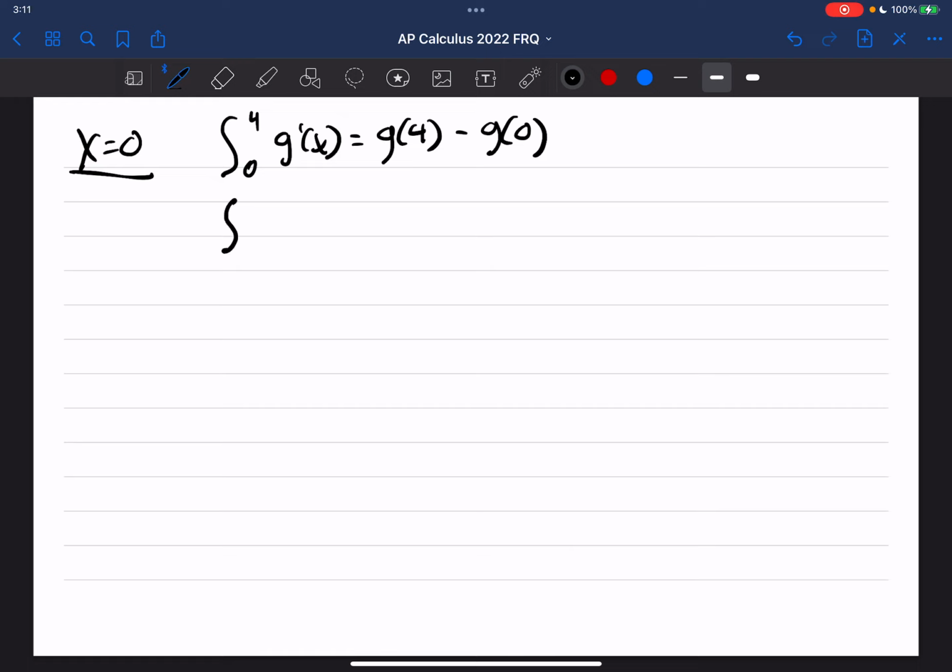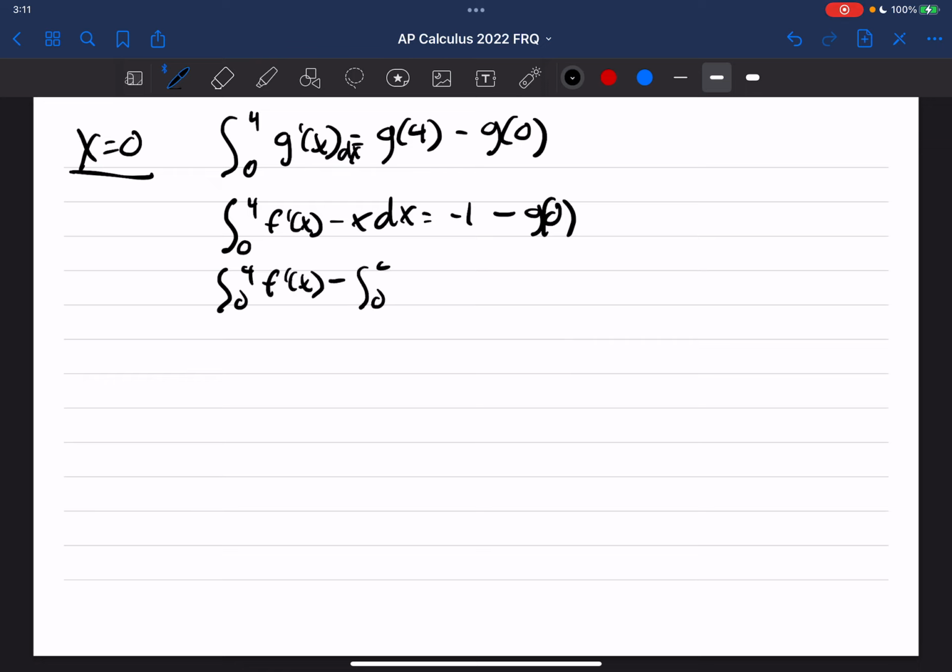On the left-hand side, we have the integral of f prime of x minus x dx equals, now g of 4 is negative 1, minus g of 0. Now we can break this integral up: the integral from 0 to 4 of f prime of x minus the integral of x dx, equals negative 1 minus g of 0.